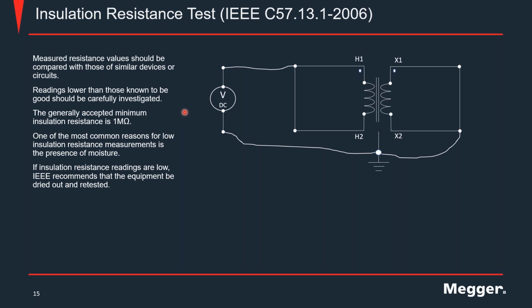One of the most common reasons for low insulation resistance measurements is the presence of moisture. If you have low insulation resistance values, you have to solve that problem before you continue any other procedures, and you have to solve that problem before you put the device back in operation.